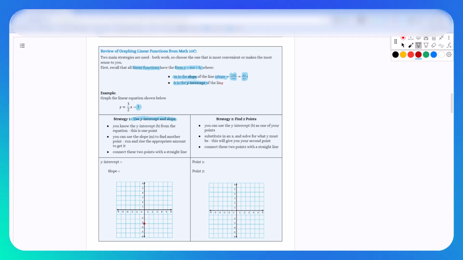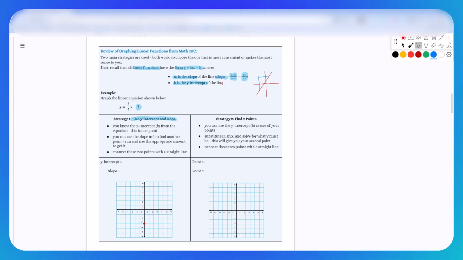Now we are going to go for a little walk at this point using the slope. Remember, the slope is rise over run. And on any given line, the rise is how far we go up or down, and the run is how far we go across.